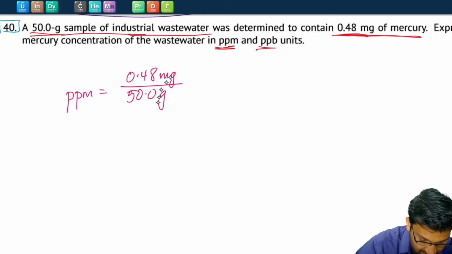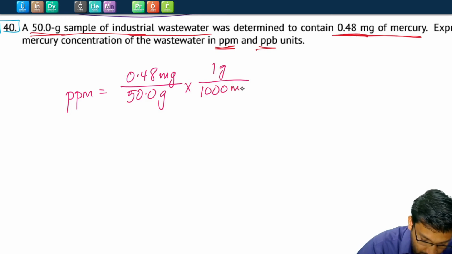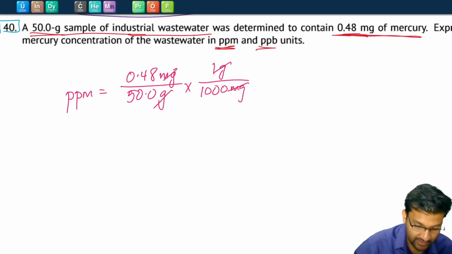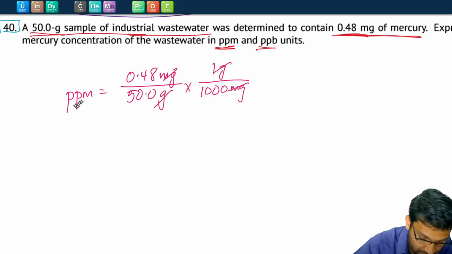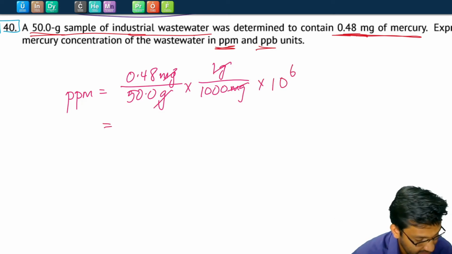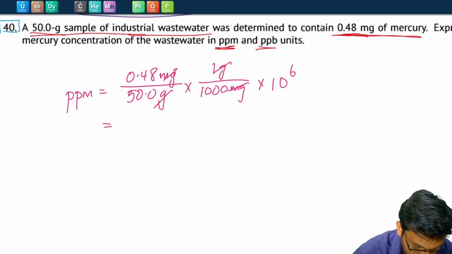But again, this won't cancel out nicely, so let's make sure that they do cancel out nicely by converting milligrams to grams. And then it's parts per million, so it's 10 to the 6th power. Plug all of this into your calculator, and you will get 9.6 to 2 significant figures parts per million.